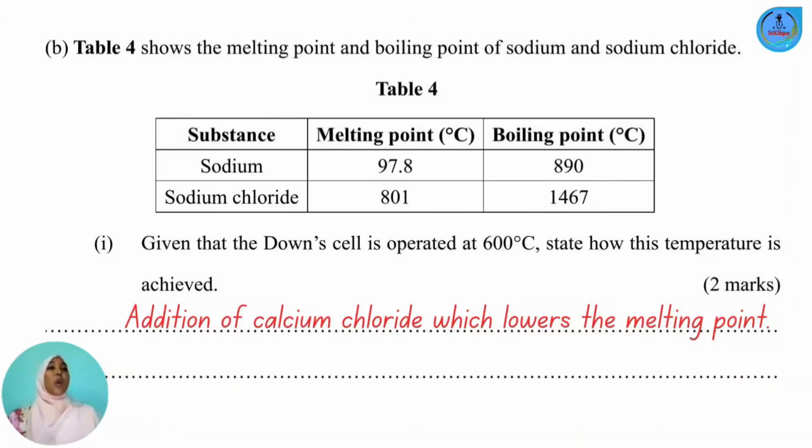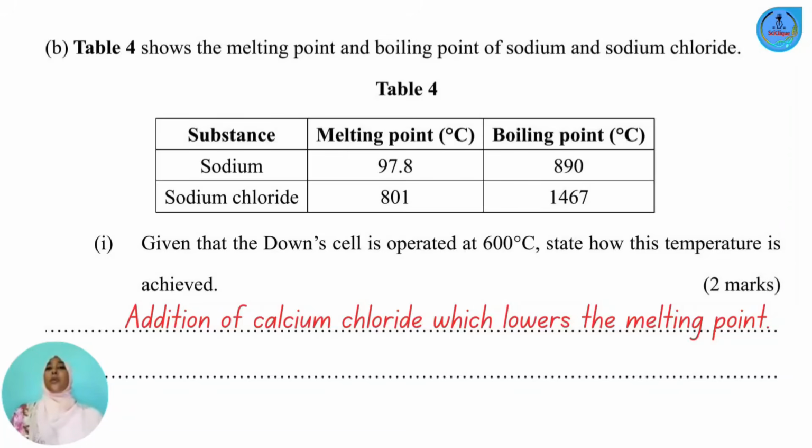How do we ensure that it melts at the lower temperature? Let's pause there. Sodium chloride normally will only melt at temperatures above 800 degrees Celsius. But in the Downs cell, it melts at temperatures around 600 degrees Celsius. How is this possible? Through the addition of an impurity. Impurities lower the melting point.